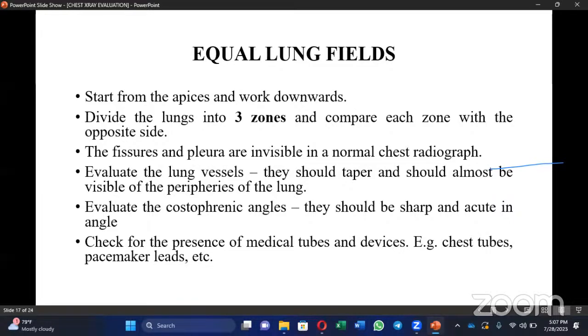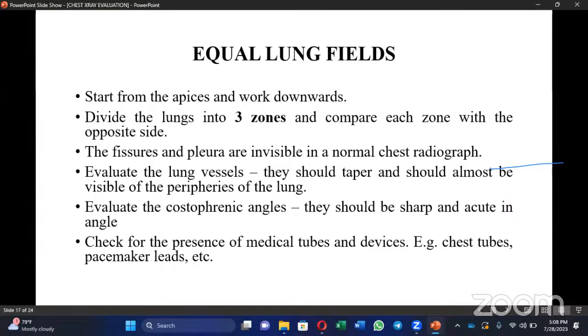So when we see that we are losing the sharpness and the acuteness of that angle, it means that there's an abnormality within that area. Mostly, that's the area where effusions are located. Okay, so effusion causes blunting of the costophrenic angles. So it loses its sharpness, and then the acute angle also diminishes.